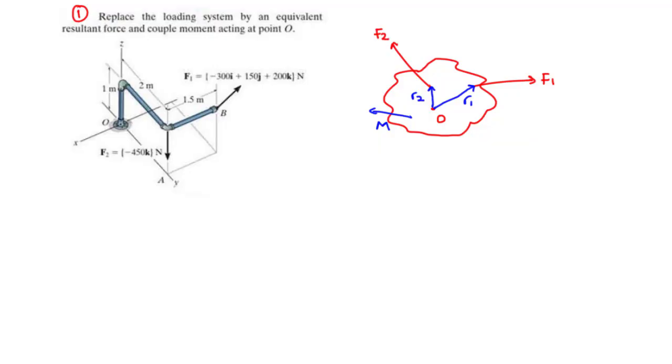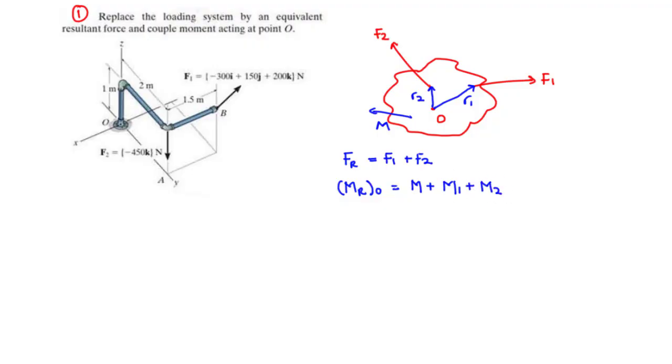So we can sum up the forces and couple moments. We have the sum of all the forces in this system as the resultant force, FR equals F1 plus F2, and then the resultant couple moment M_R about O, that is the resultant couple moment about O, is equal to M plus M1 plus M2.